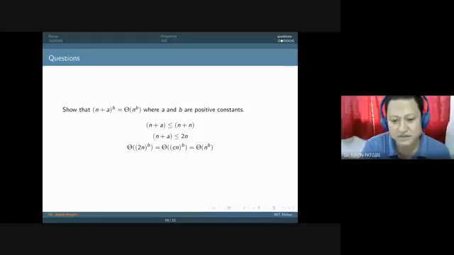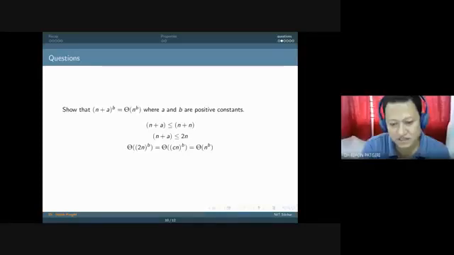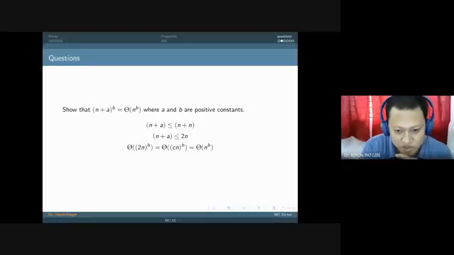Sir, n plus a is less than or equal to n plus n is an assumption, right? Assumption, okay. a is a constant and n is a variable. What does it mean?